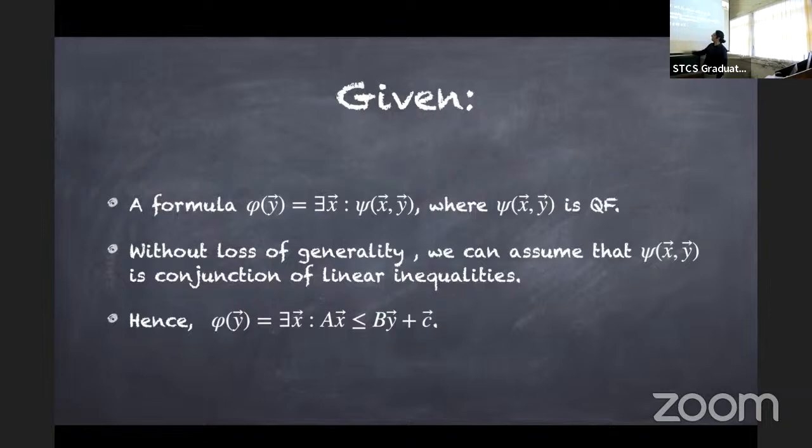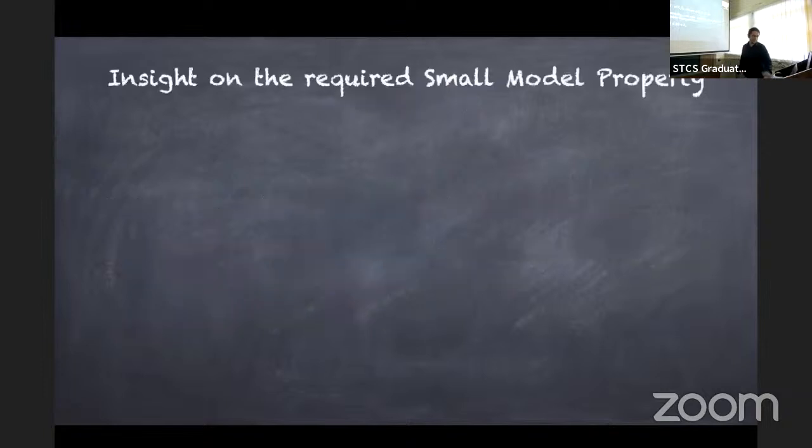There exists x such that Ax is less than or equal to By plus c, where A and B are matrices of appropriate orders, and c is a constant. Now, the main contribution of this paper is not the proof. The main contribution is the insight of what kind of small model property.